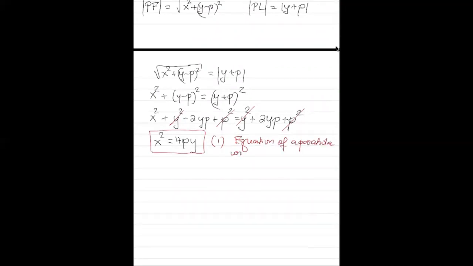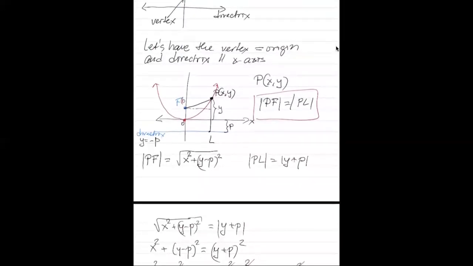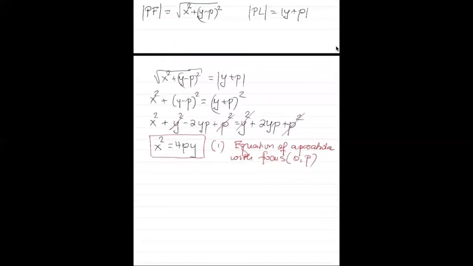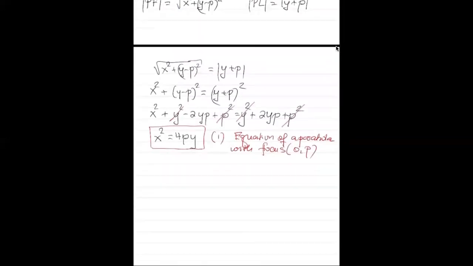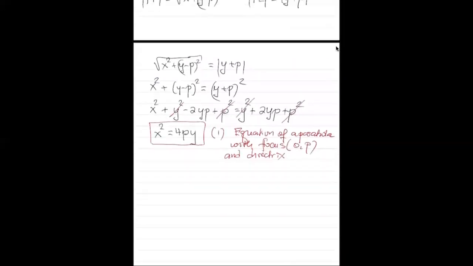So that's the equation of a parabola with focus (0, p). Let's go back to our picture. Our focus F had coordinates (0, p), and the directrix, the horizontal line, had equation y equals negative p.